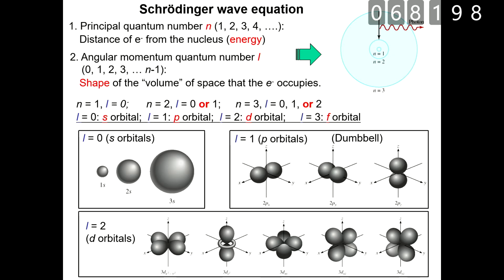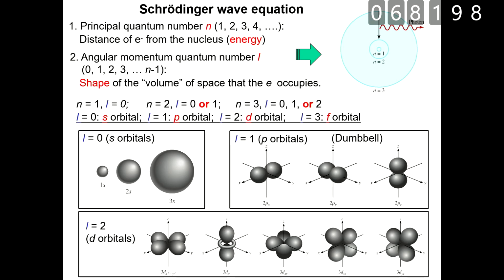So for example, when n equals 3, they have more electrons in this orbital. And these electrons can show different shapes. Some electrons in this orbital may be like a ball, so it's called the s orbital.